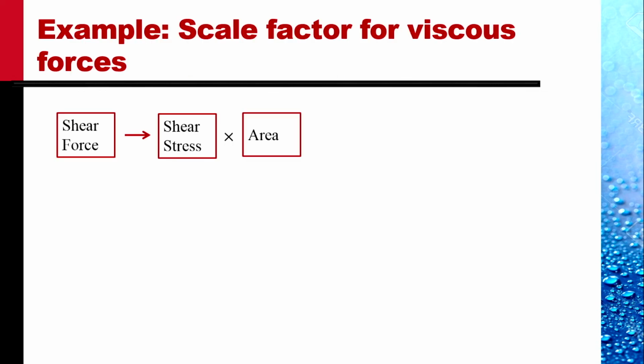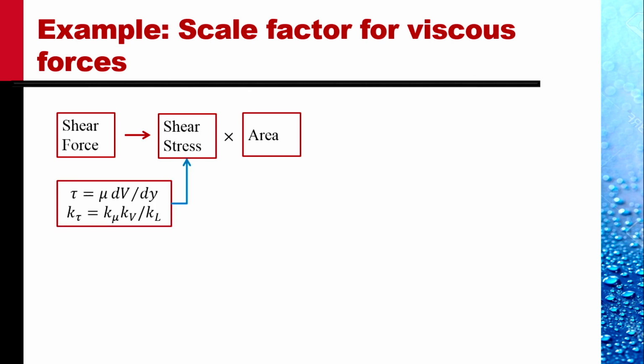Example, let's obtain the scale factor for viscous forces. Viscous shear forces would be shear stresses times the area. Shear stresses are obtained from Newton's law of viscosity, tau is equal to mu times the velocity gradient dv by dy.